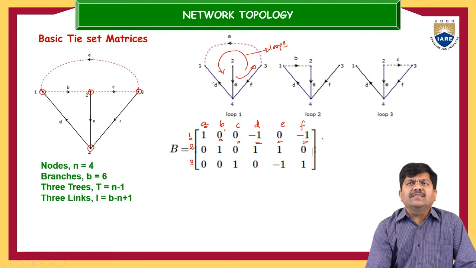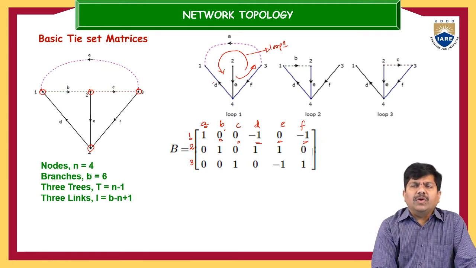So this is the procedure we are going to follow to develop the basic tie-set matrices. Similarly, let me examine the third basic loop with respect to various elements. So loop number 3 versus element number A. Element A is somewhere, but it is not a part of that particular loop, because the loop direction is given by the corresponding link, which is C here.